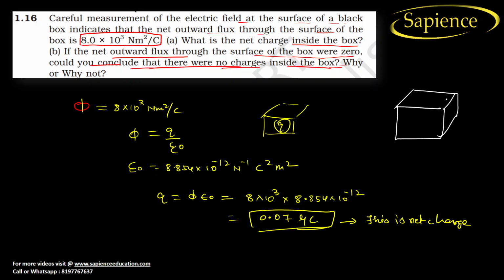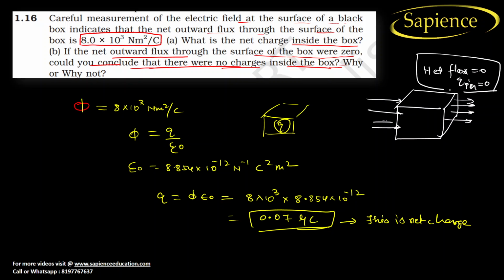If net flux is going inside and coming out, and the net flux is equal to zero, it means that the charge inside will also be zero. Charge inside will definitely be zero. So I hope you have understood this question. Let us go for the next question.